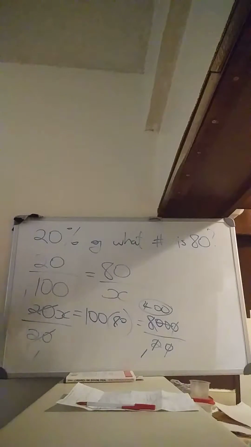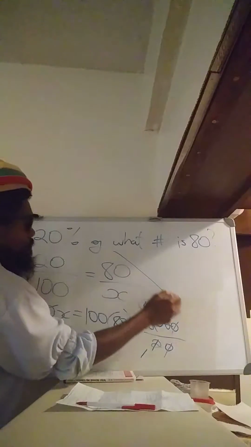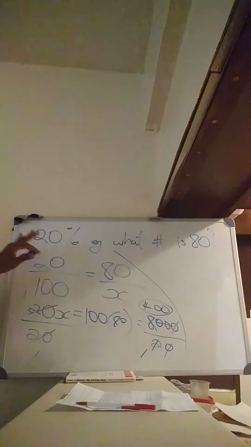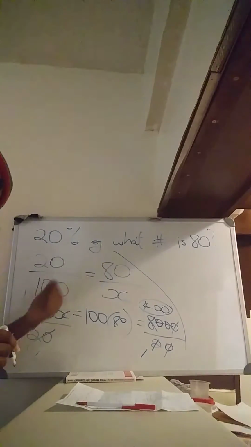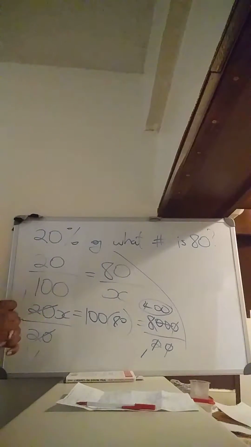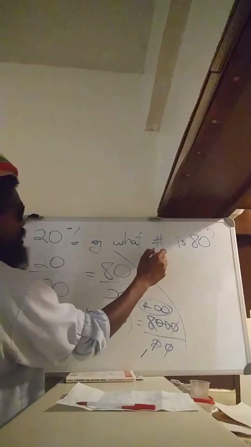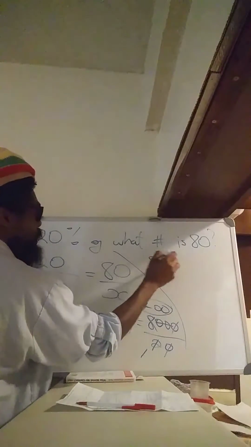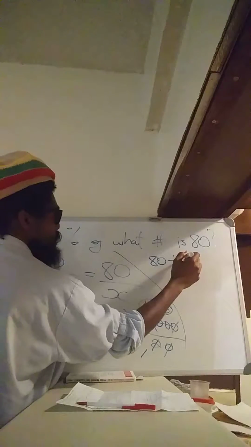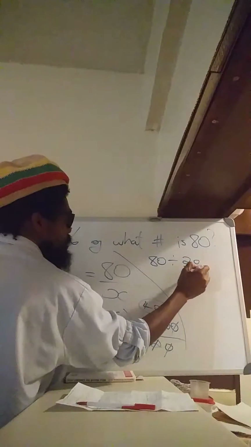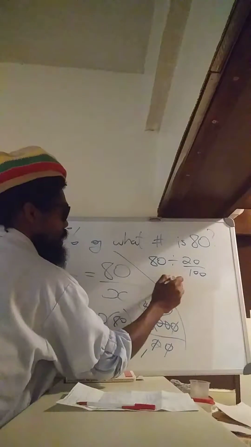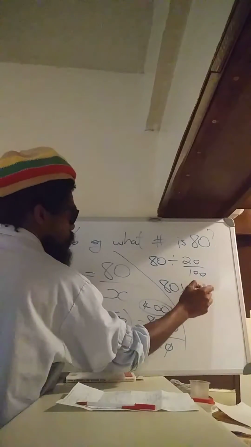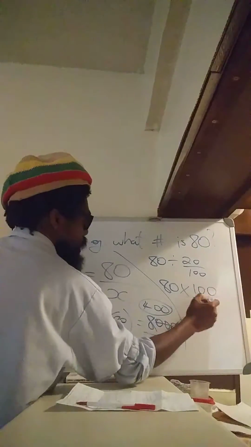Okay, now that's one method of solving it. The next method of solving it, when you get a problem like this, is to divide the number by the percentage. So, for example, we'd have here 80 divided by 20%, which is going to be 80 times 100 over 20.